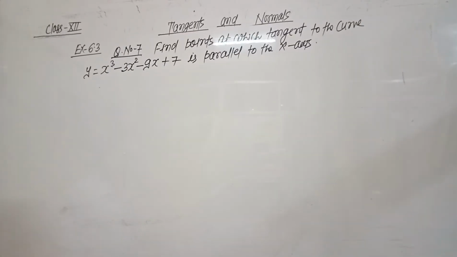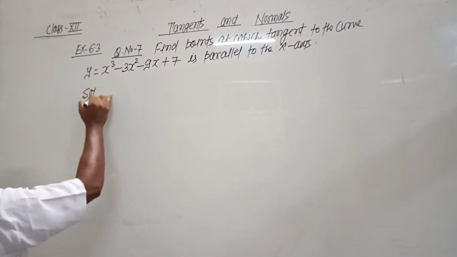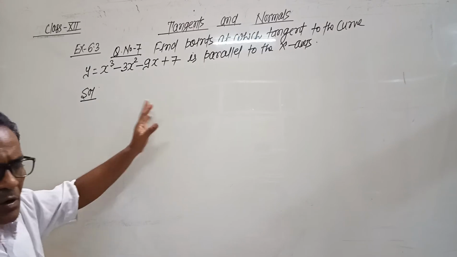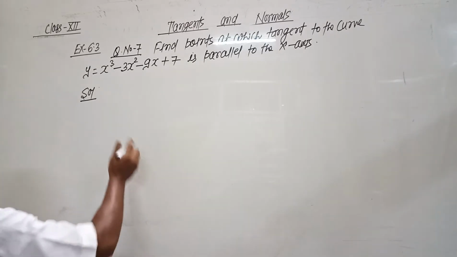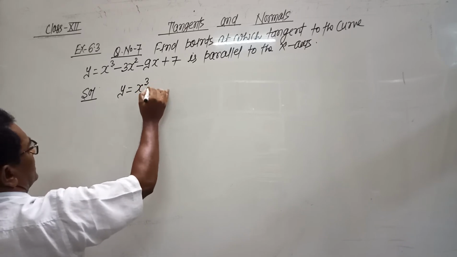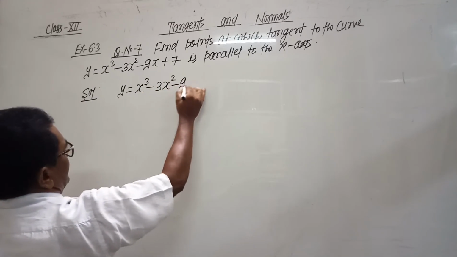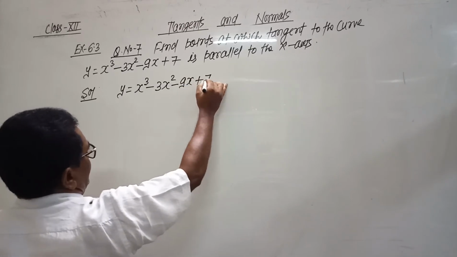Find points at which the tangent to the curve is parallel to the x-axis. So firstly we will find the slope of the curve, means dy by dx. So y equals x cube minus 3x square minus 9x plus 7.